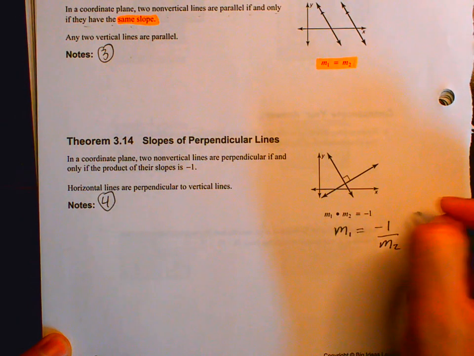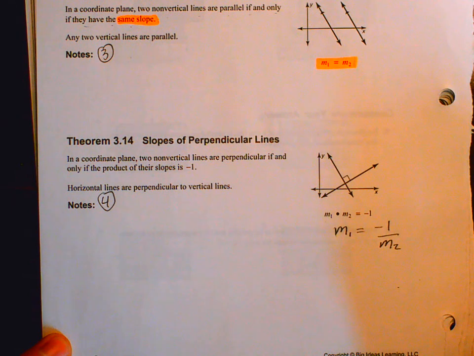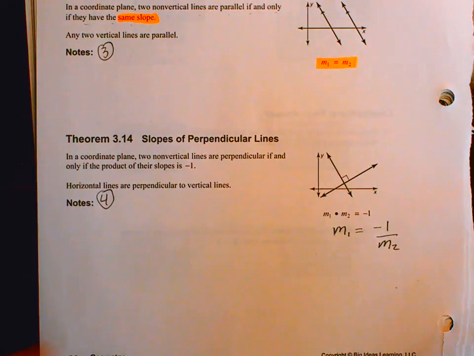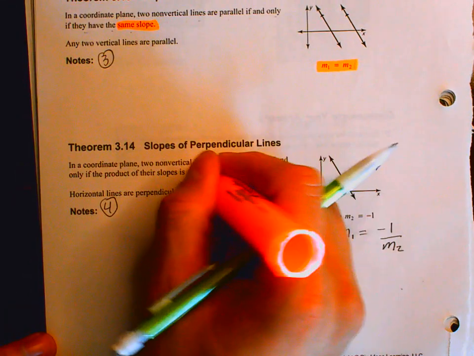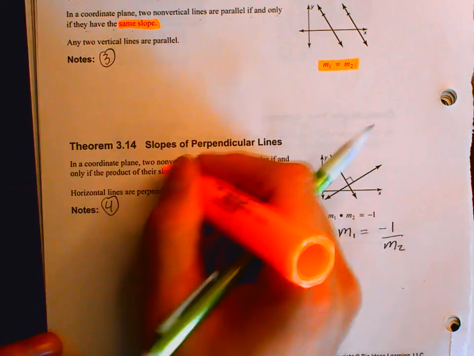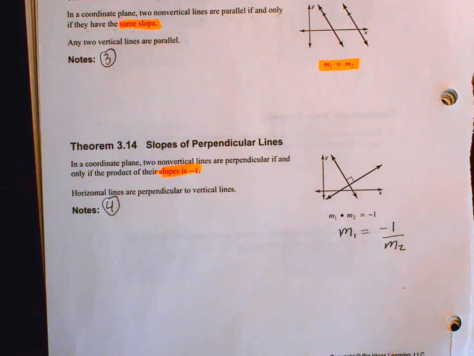I call this the opposite reciprocal. I never like to refer to it as the product of the slopes is -1, though occasionally I do. I like to think about whether the slopes are opposite reciprocals of each other, or if their product is -1, then they're going to be perpendicular.